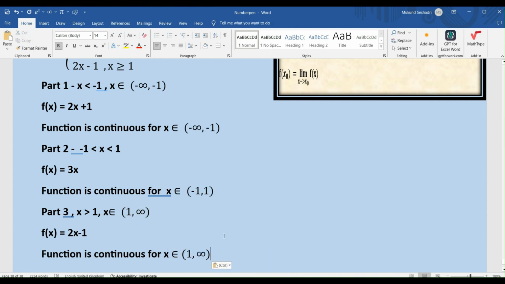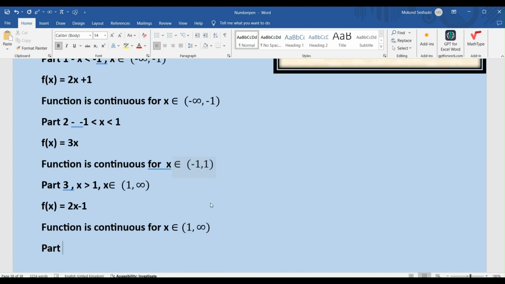So we have the three parts. As of now, apart from minus 1 and 1, we know that the function is continuous. Now let's examine part 4, which is x equals minus 1.